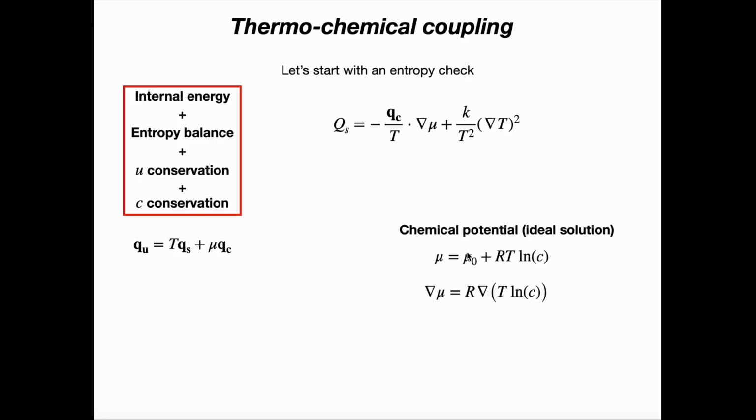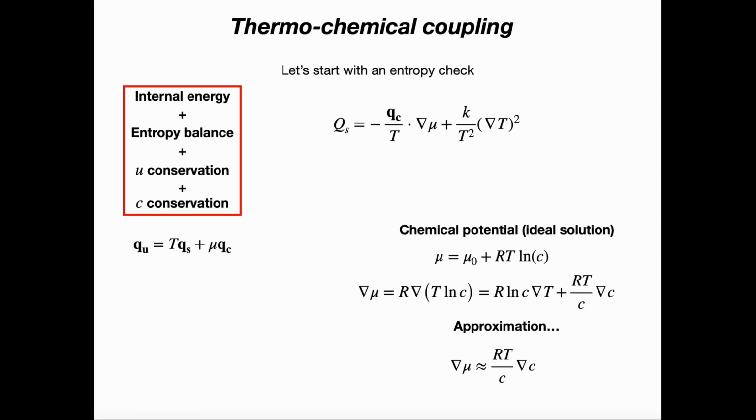It's a function of a reference value, but it's a function of T and C. So if we take the gradient of this, the reference value will cancel out, and R is a constant, it's the gas constant, so we'll have R, the divergence of T log C. So this will expand into two terms, obviously, and the gradient of mu will include a term which is function of the temperature gradient and function of the concentration gradient.